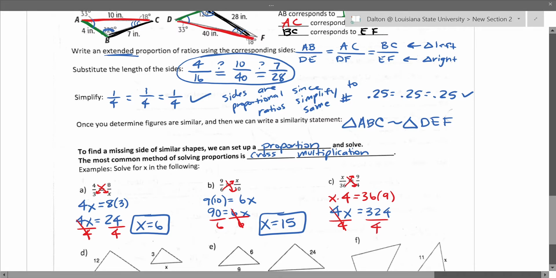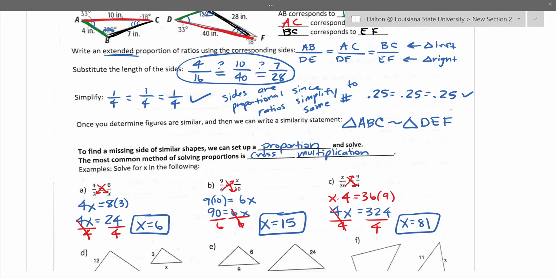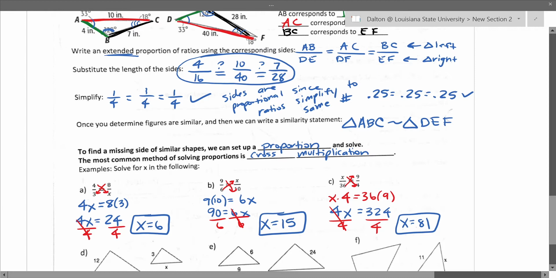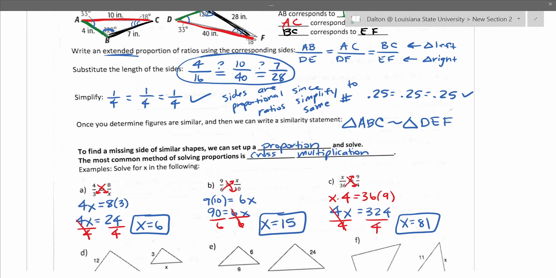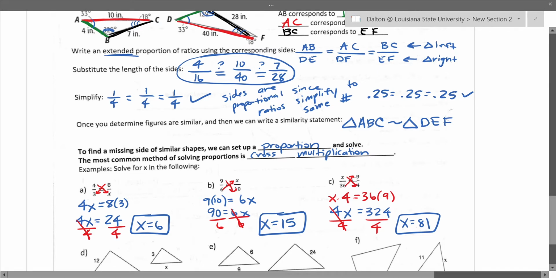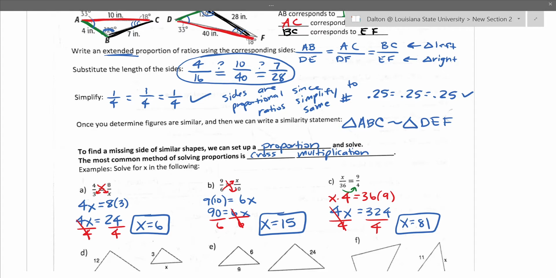Now, you could also solve these in some other ways. So for instance, let me write my answer first. X equals 81. For instance, if I look at this problem differently, you might notice that there's a pattern in the numbers. So you might say, okay, let's go the other way, because the other way is a little bit easier to see.